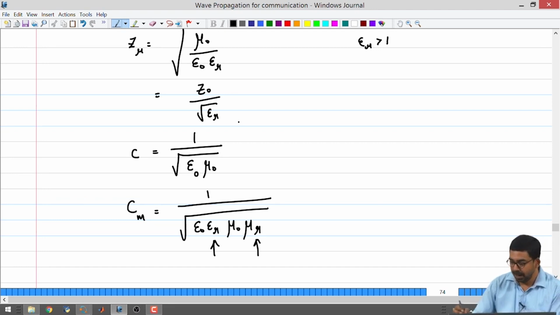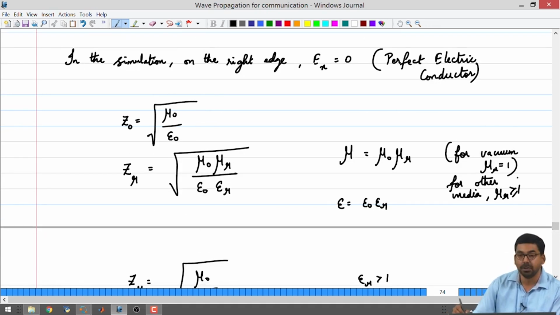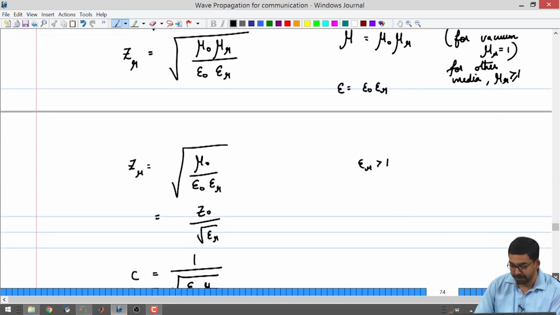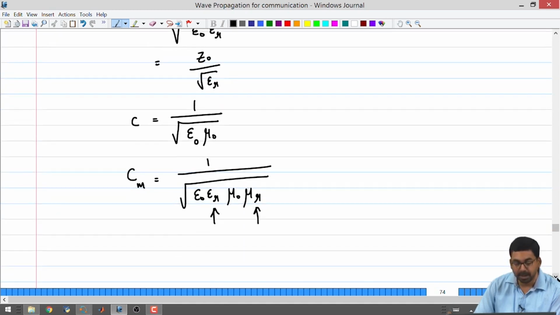The other thing that one will notice over here is 1 by square root of epsilon naught mu naught, and epsilon naught epsilon r mu naught mu r. The reason I strictly put epsilon r and mu r should be greater than 1 is simply because if you did discover a material whose epsilon r and mu r are less than 1, then you will have propagation at speeds higher than what can happen in vacuum.